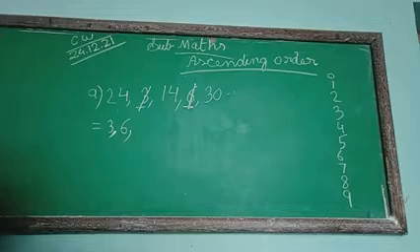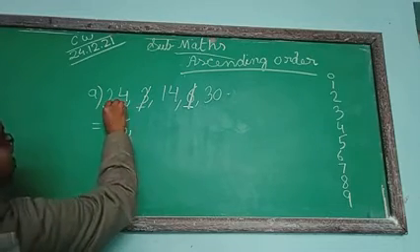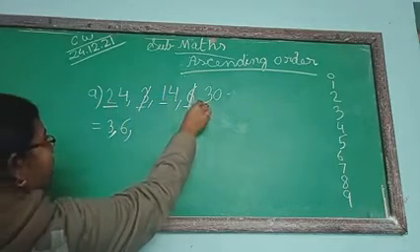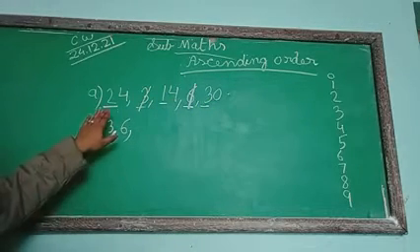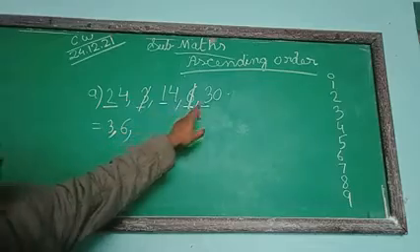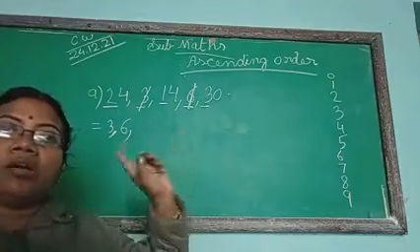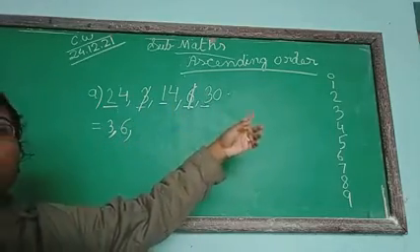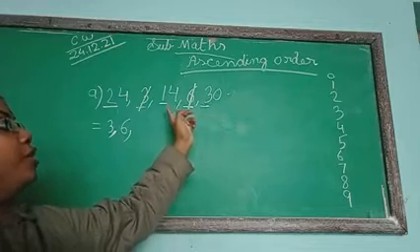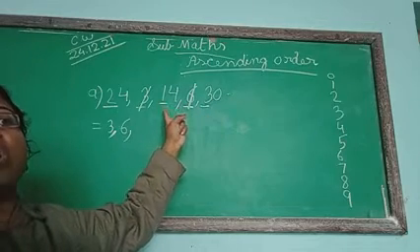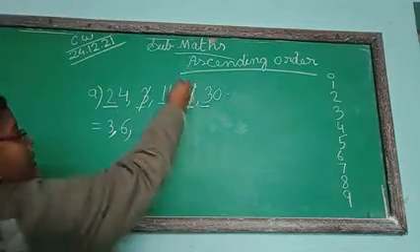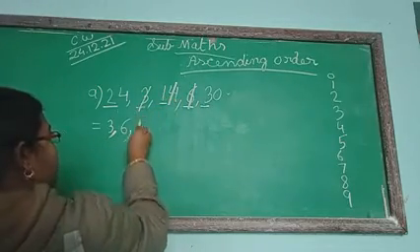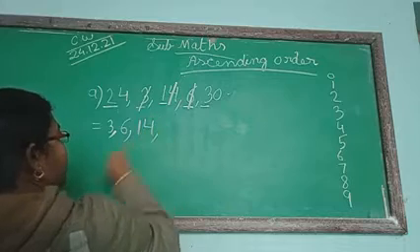So you will see the first, the tens place number. Here it is 2, here it is 1 and here it is 3. When we are counting the numbers forwardly, 1 will come first. That means 1, 4, 14 is the next smallest number.